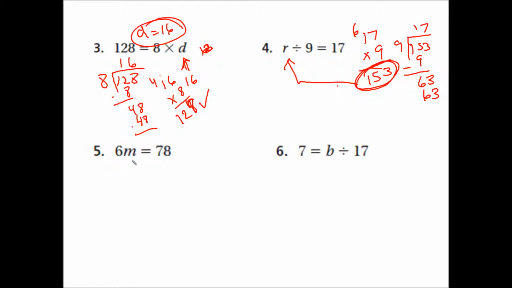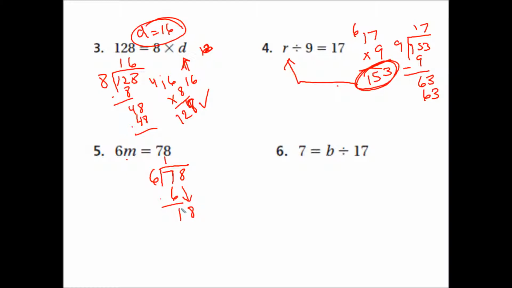Now I have 6m equals 78. Well, remember, a letter and a number next to each other means multiplication. So this is 6 times m equals 78. So since there's a letter and a number being multiplied, to solve it, I have to divide the two numbers. So 78 divided by 6. 6 goes into 7 one time.